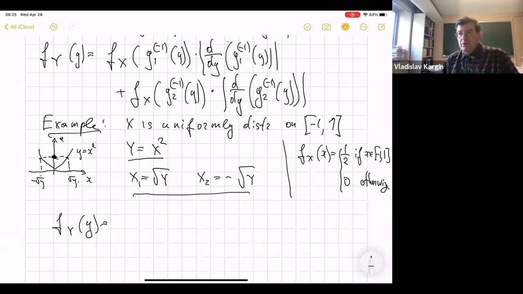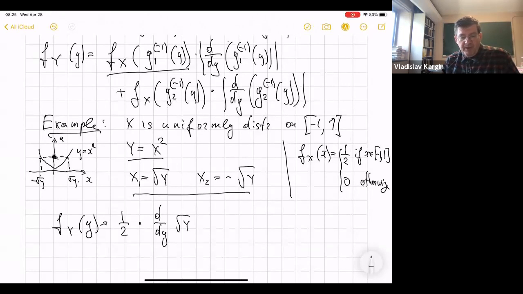Using our previous formula, the first part is 1/2. Happily for us, this density doesn't depend on anything, so it's constant. We multiply by the absolute value of d over dy of x1, which is square root of y.